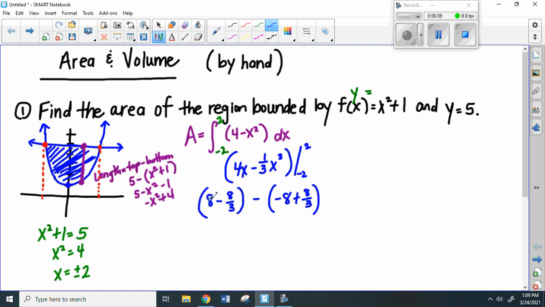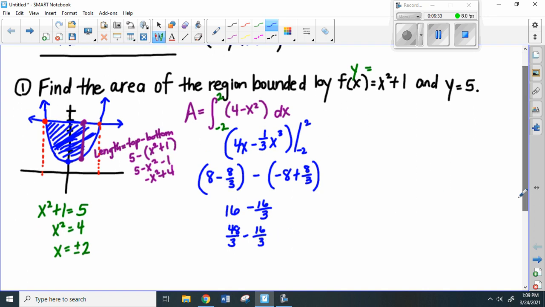All right, so I can do the 8s. 8 minus -8 is really plus 8, so you get 16. And then -8/3 minus 8/3 is -16/3. And then it's just a matter of figuring out the common denominator of 3. It becomes 48. And 48 minus 16 is 32. All right, so my final answer is 32/3.